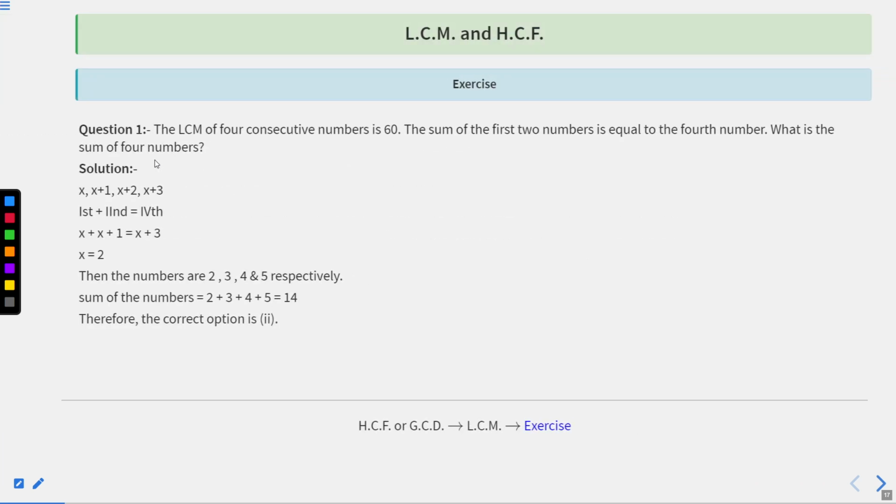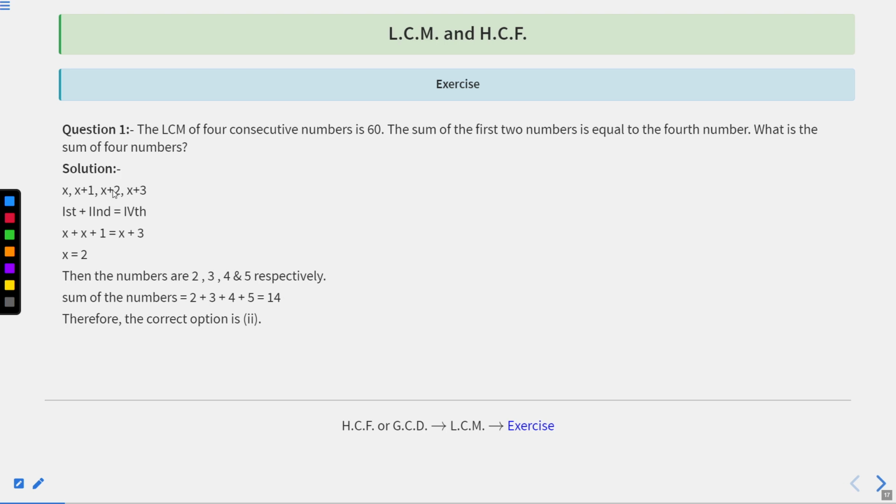Okay. So let us suppose the 4 consecutive numbers are x, x plus 1, x plus 2, x plus 3. It is given that the sum of the first two numbers is equal to the fourth one. So first plus second equals fourth. The first number is x, the second number is x plus 1, and it is equal to the fourth one, that is x plus 3.